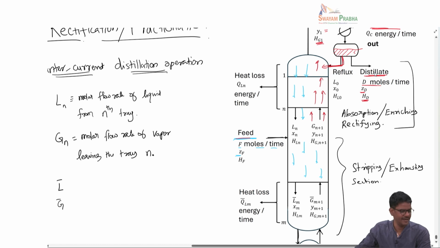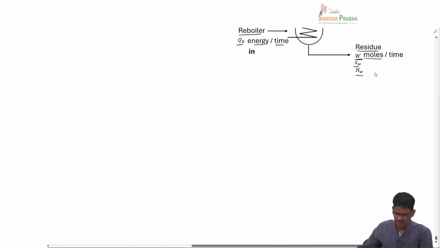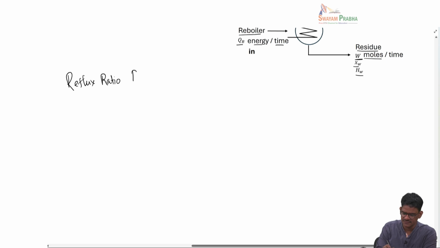So we would like to write what is called the reflux ratio, denoted with the symbol R. R means reflux ratio. This is nothing but L0 over D. So this is a definition.